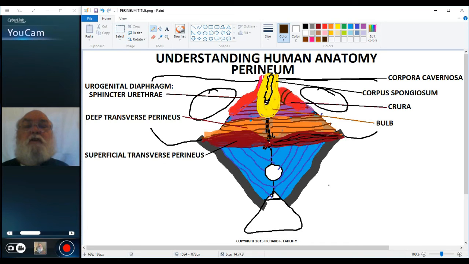And these muscles I'm going to draw wrapping around each of the crura. And these muscles are the ischiocavernosus muscles.